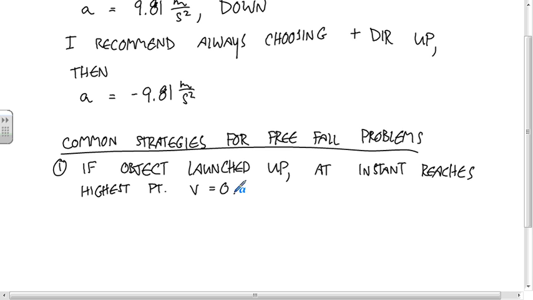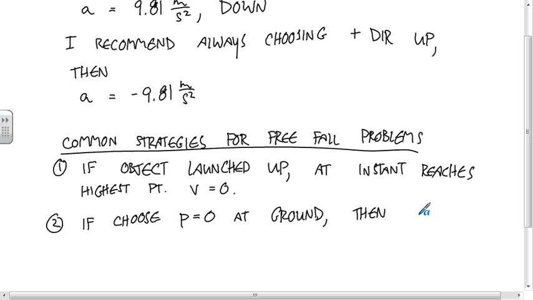And then second, if you choose your position equals 0 to be at the ground, then position has to be equal to 0 when the object hits the ground.